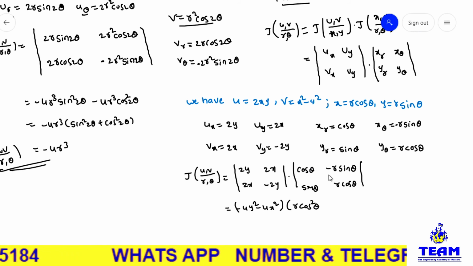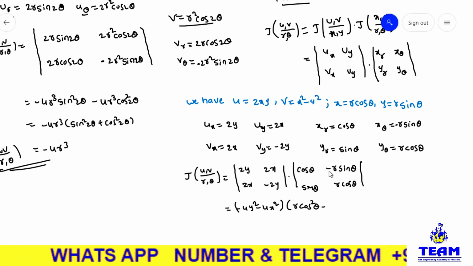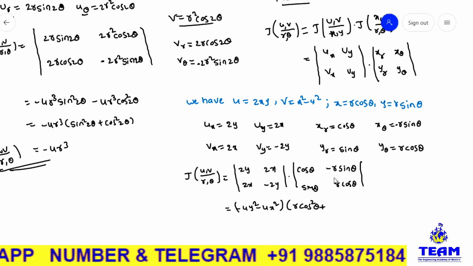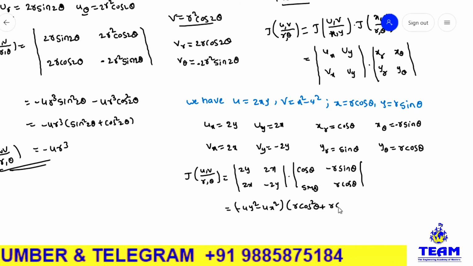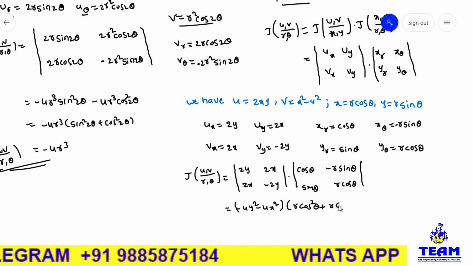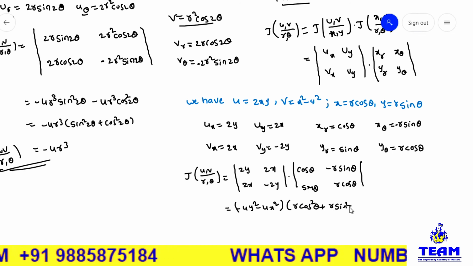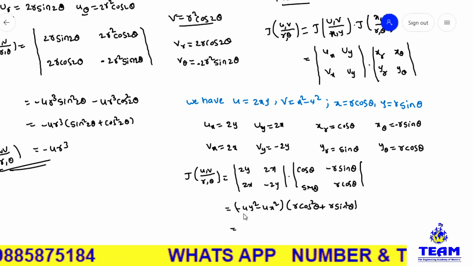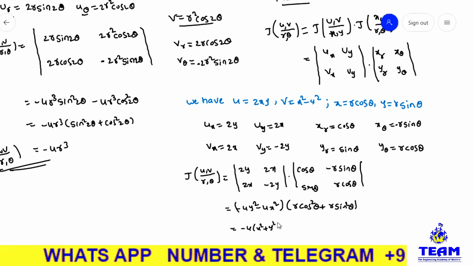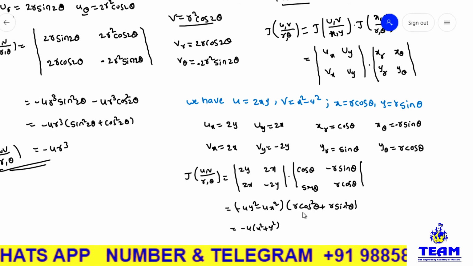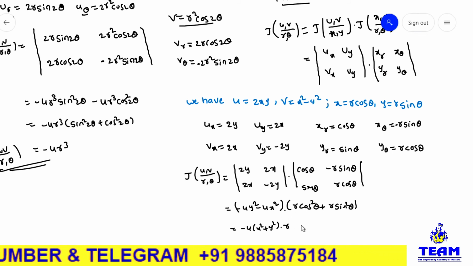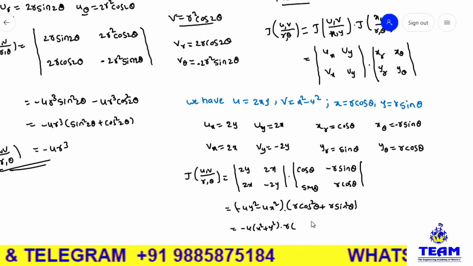Here you already have a negative, so negative into negative is positive, and r into sin theta into sin theta is r sin square theta. Then minus 4 is outside, then x square plus y square; of course y square plus x square or x square plus y square are the same. Now I can take r as common from this, so the product, remember. So what about cos square theta plus sin square theta? It is 1.